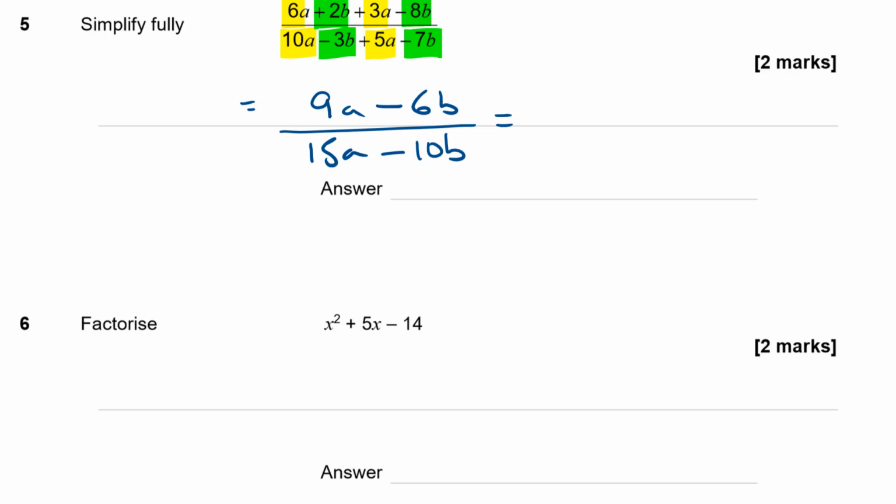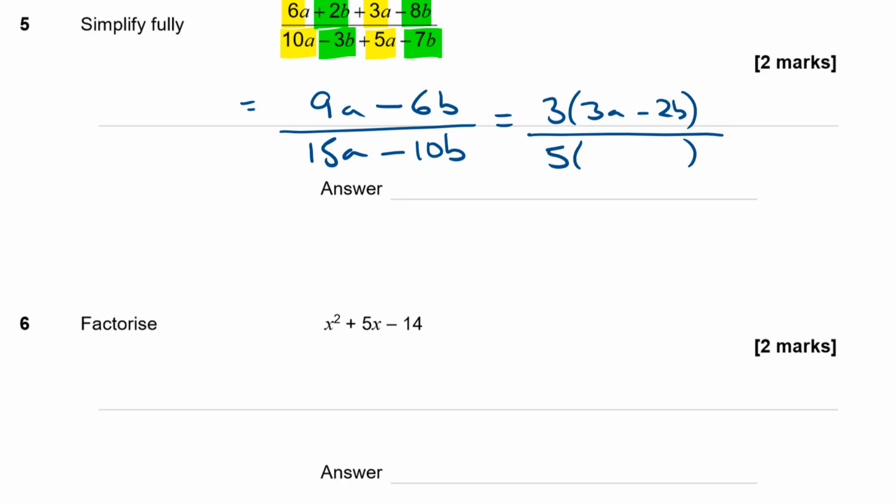I've got 9a minus 6b on the top, so they have a common factor of 3. So I can pull out a 3 of those two terms and rewrite that as 3 lots of 3a minus 2b on the top. Similarly, on the bottom here, I've got 15 and 10, so they have a common factor of 5.